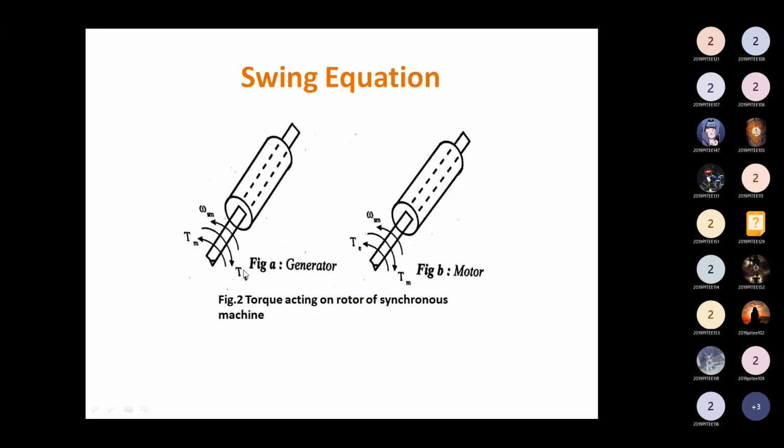Here the electrical torque and mechanical torque are reverse, that is, opposing. In the generator, the electrical torque should be clockwise and the mechanical torque anti-clockwise. Similarly, in the motor, mechanical should be clockwise and electrical should be anti-clockwise. So this is the torque acting on the rotor of a synchronous machine in the swing equation. So these are the general considerations for the swing equation.